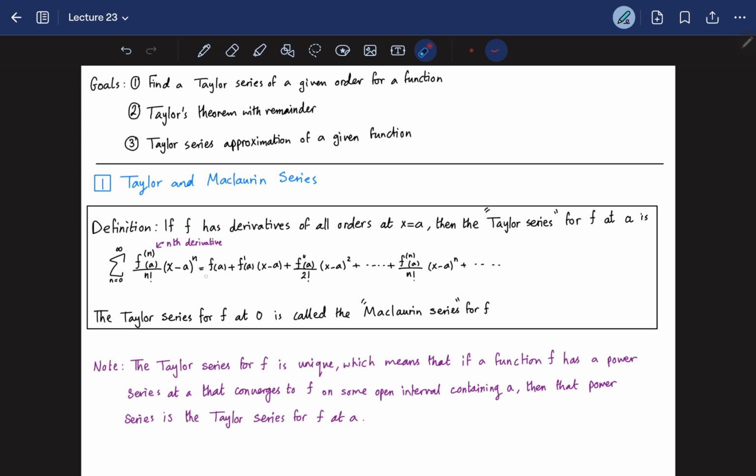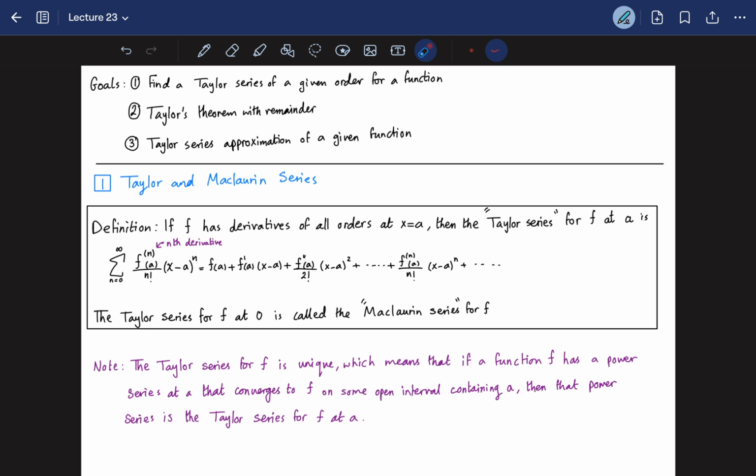You have f of a, then f prime of a times (x minus a), so this is the first derivative, this is the zeroth derivative, then the second derivative you divide by 2 factorial, then you multiply by (x minus a) squared, and so on up to infinity. So that's the general form of a Taylor series.